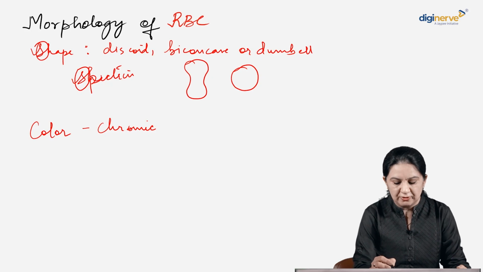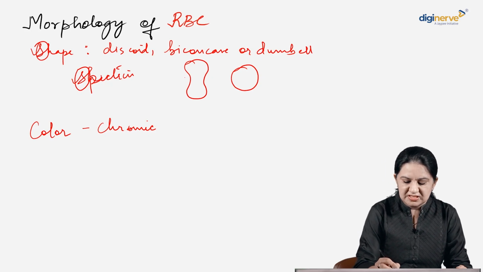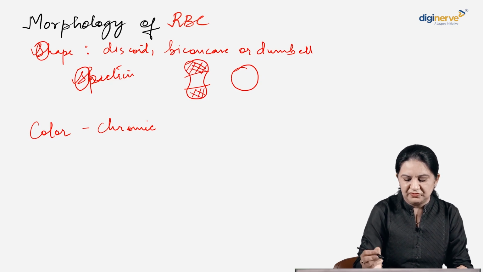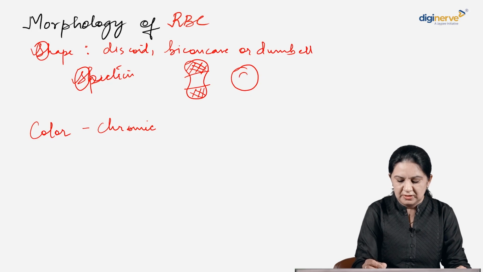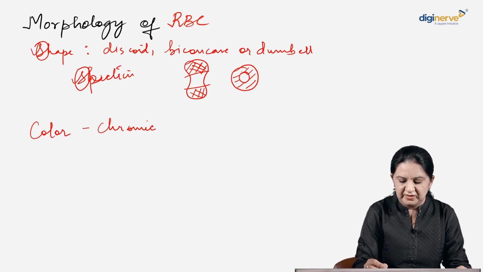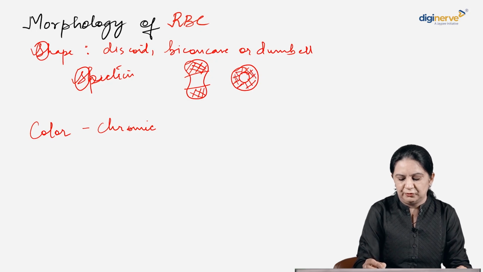Because of this biconcave shape, the stains are taken up predominantly at the periphery. So if you see in a peripheral blood smear, the red cell will appear like this. The periphery would be stained and the central portion would be pale. This is called central pallor.